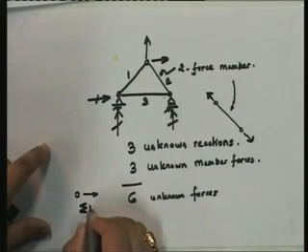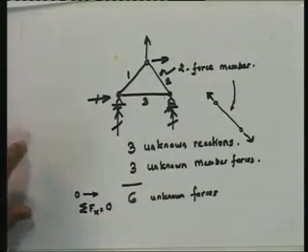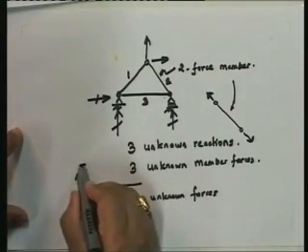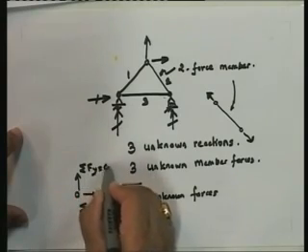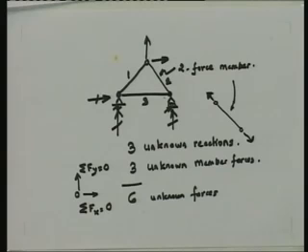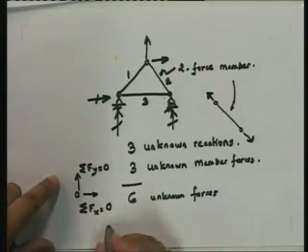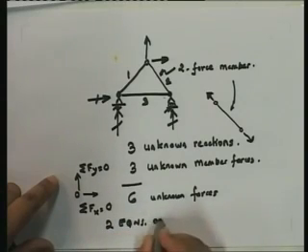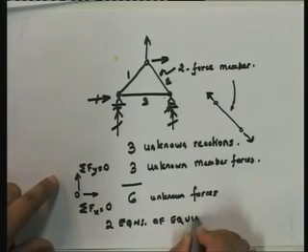We can generate one, which is sigma fx equal to 0, and the other one is sigma fy equal to 0. So, at a point we can only generate 2 equilibrium equations, sigma fx equal to 0 and sigma fy equal to 0.